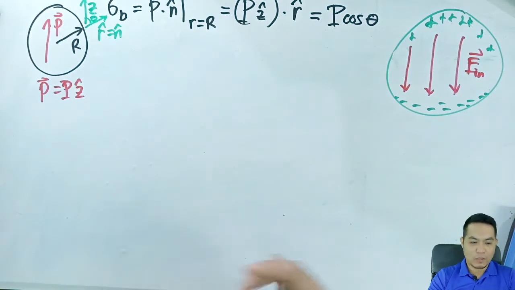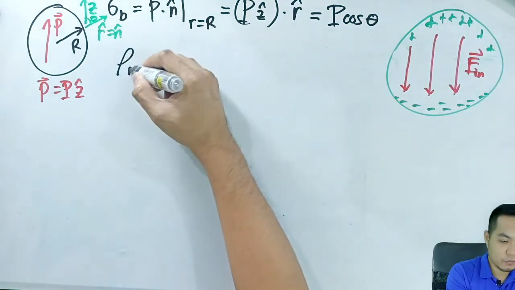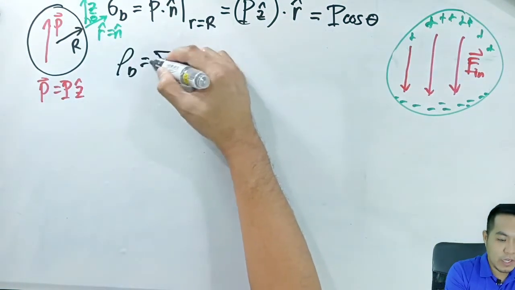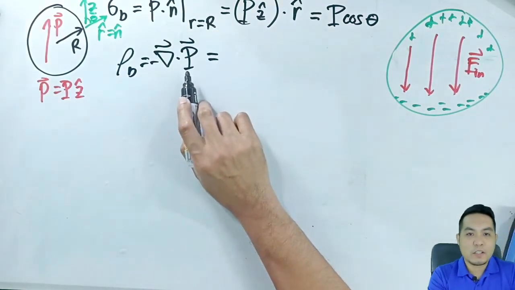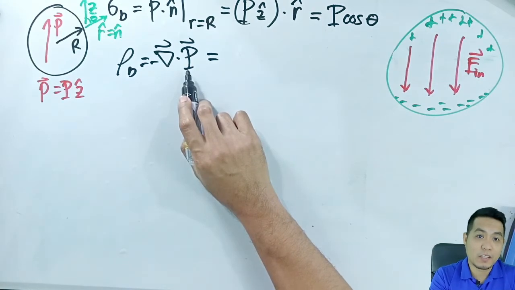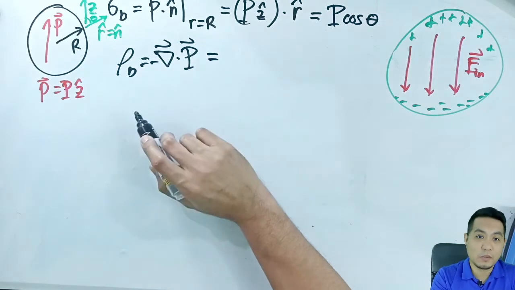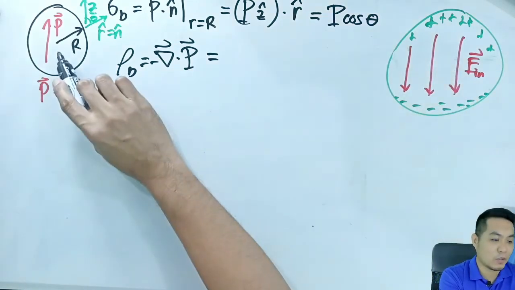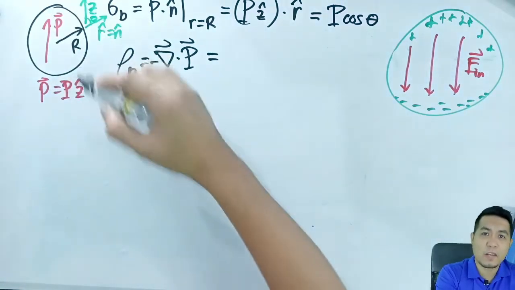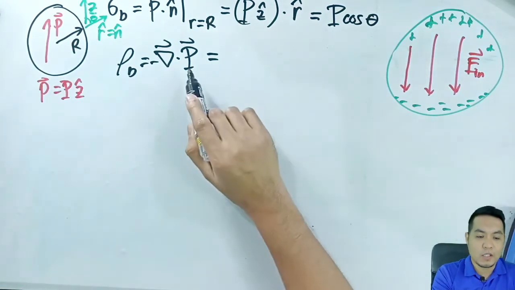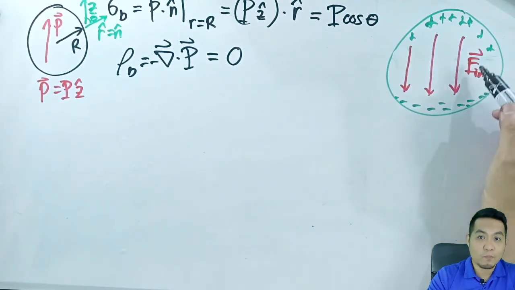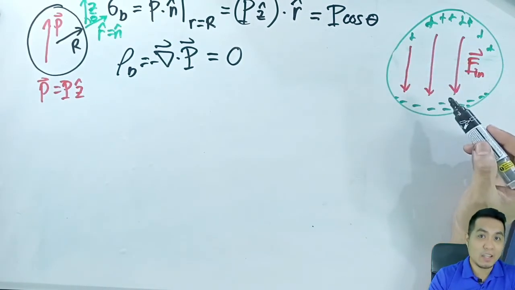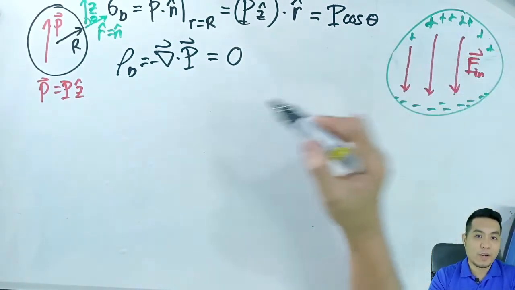Okay, how about volume charges? It's the negative divergence of p. But since p here is a constant vector, it doesn't depend on r, theta, or phi, it has no divergence. You can also see that it has no divergence because it's only in one direction. It's not spreading out. So there's zero divergence, meaning there are no volume bound charges within the sphere, only surface bound charges.